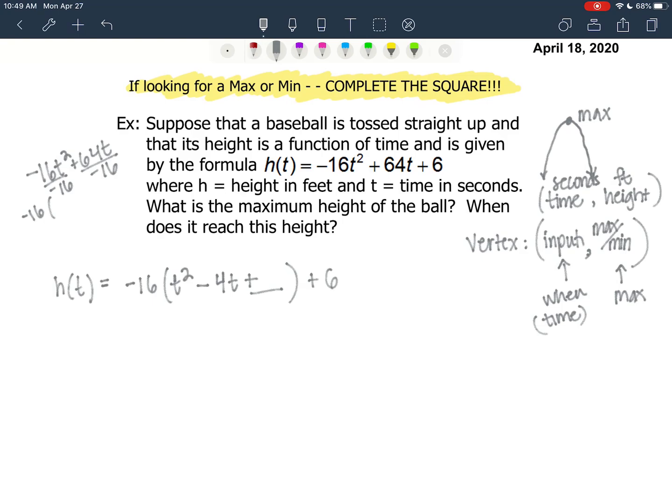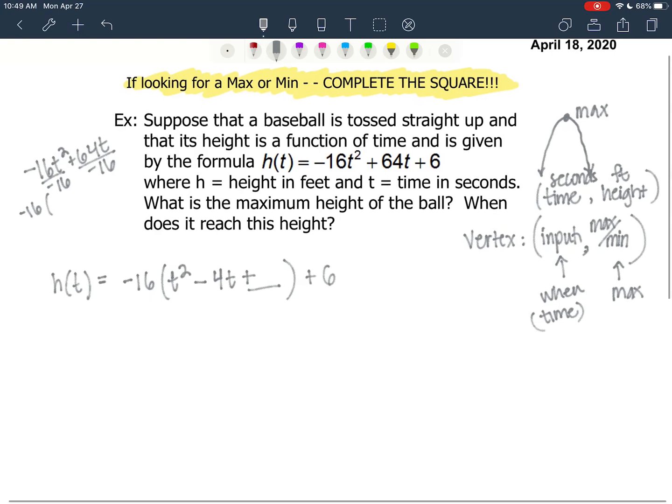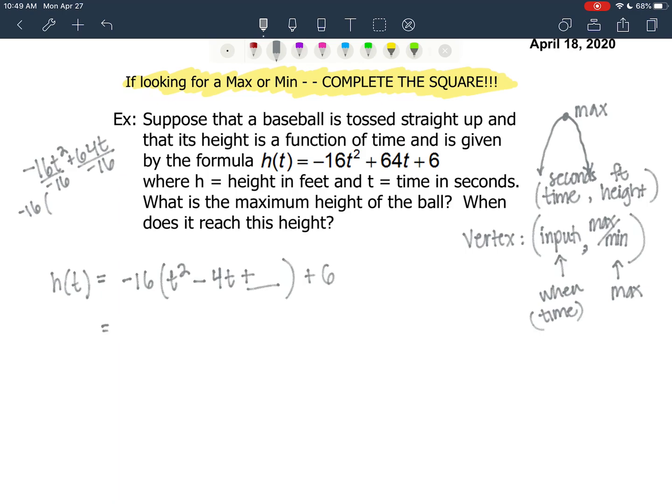So I'm going to complete the square by saying half of 4 is 2. 2 squared is 4. Negative 16 times 4 is negative 64. So now I'm going to add 64 to zero out what we just did.